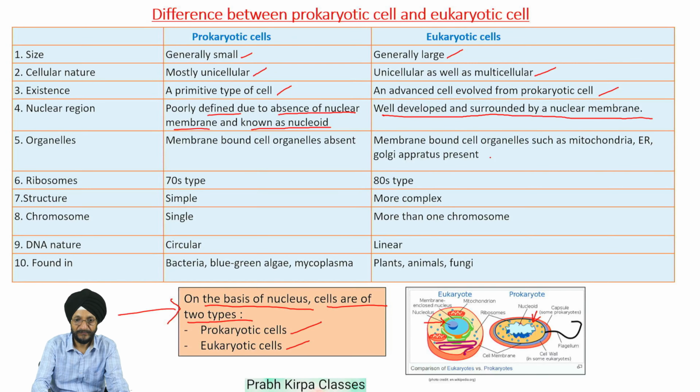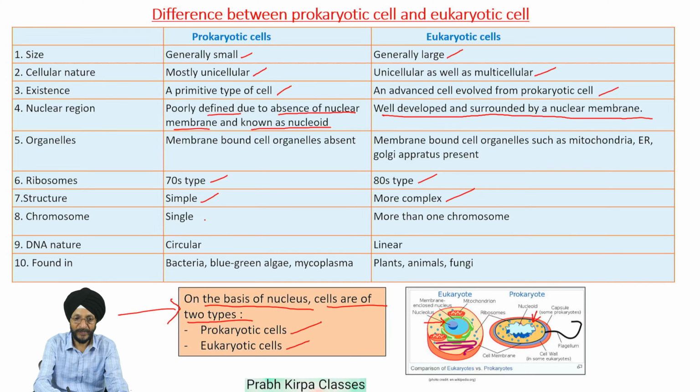Ribosomes. 70S-type ribosomes are present in the case of prokaryotic cells. In the case of eukaryotic cells, 80S-type ribosomes are present. Prokaryotic cells are of simple structure. In the case of eukaryotic cells, their structure is more complex.